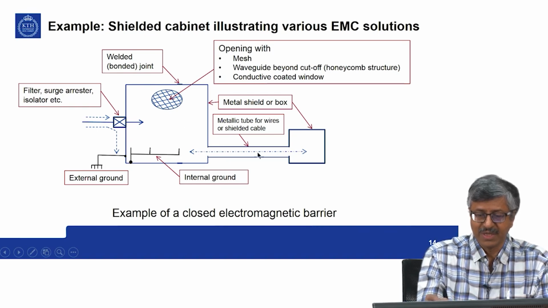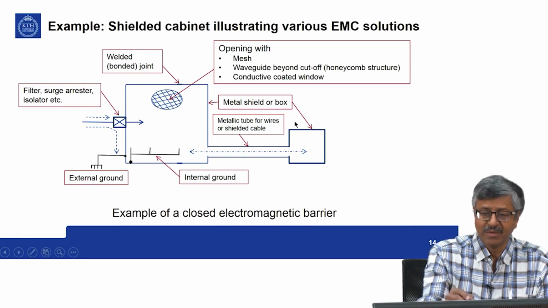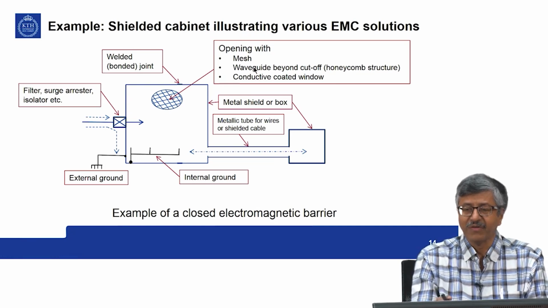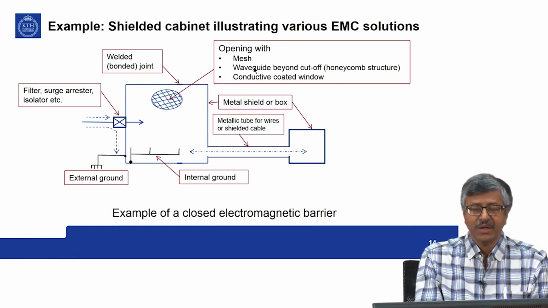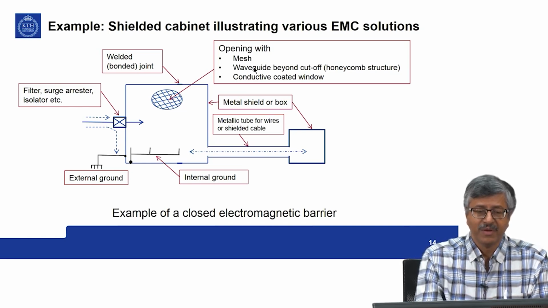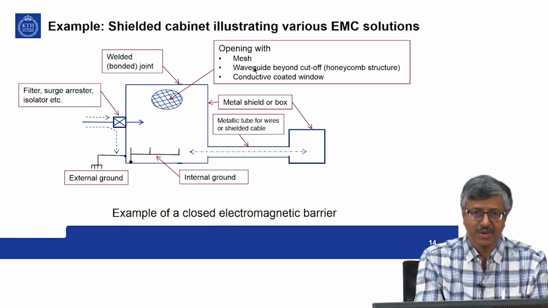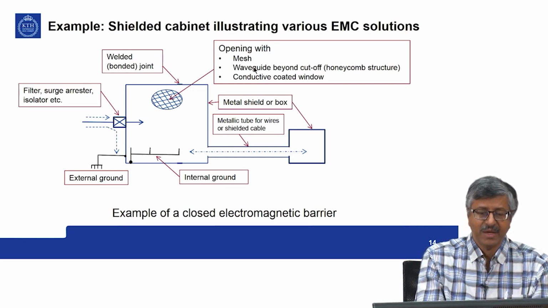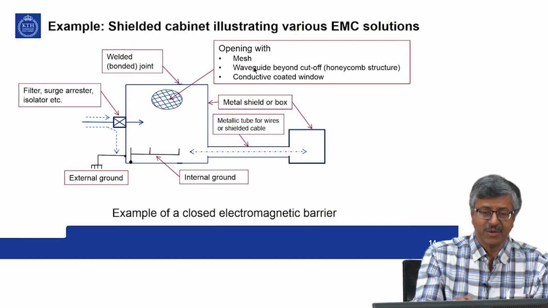So, all these are in the single zone. So, these are metal shield or box. Now, for ventilation holes you treat with mesh or waveguide beyond cutoff, honeycomb structure. You can even have conductive coated windows if you need to have light and if you want to observe things outside.